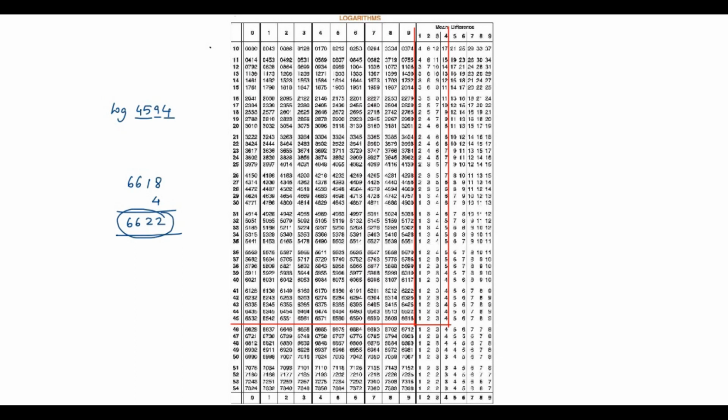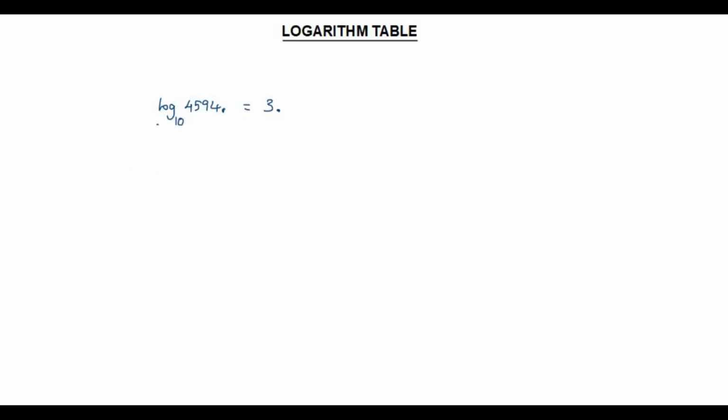Okay, let's go back to our previous page. From the logarithm table we got 6622 for log 4594, so that should be taken here. So the logarithm of 4594 to the base 10 is equal to 3.6622. This is how we find the logarithm of a number using the logarithm table.